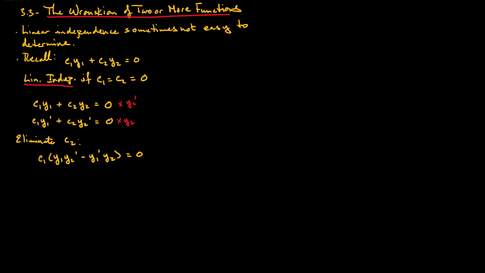And this is obtained, as I said, by multiplying equation 1 by y2 prime and equation 2 by y2 and subtracting the two. Now, if you want to check this for yourself, please go ahead and pause the video and try to work this out for yourself. So we're going to set this equation as equation 1.